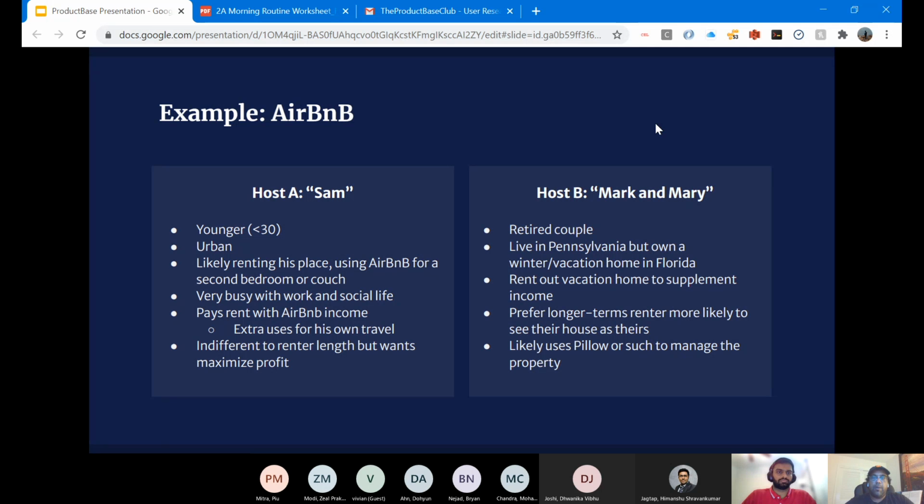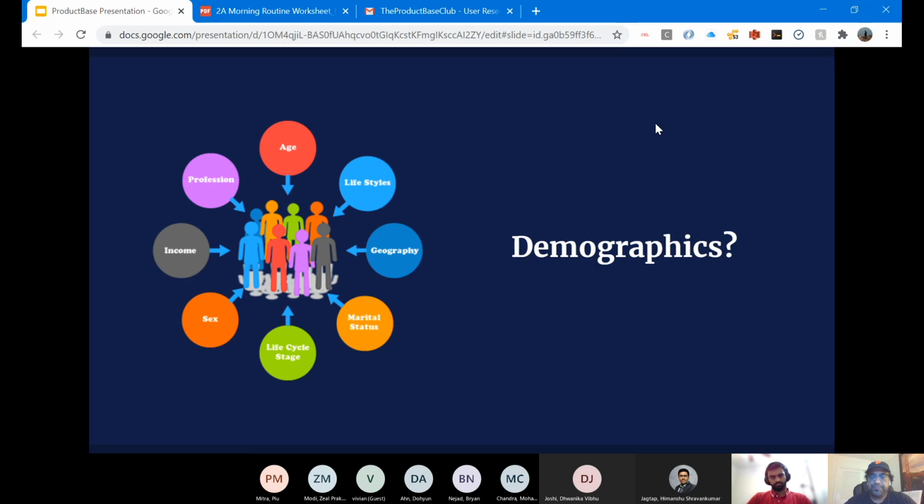Now, obviously, there are going to be things that are common between the two, and you would want to take that into consideration, but you also want to be cognizant and empathize with the fact that your forecast management system or property management system on Airbnb may not be coming for the next 6 months, right? So you want to be able to inform the Mark and Marys of the world that there may be other tools like the pillow tool that you see here that may help them solve the problem. That's not going to be on the Airbnb platform. So those are things to keep in mind.